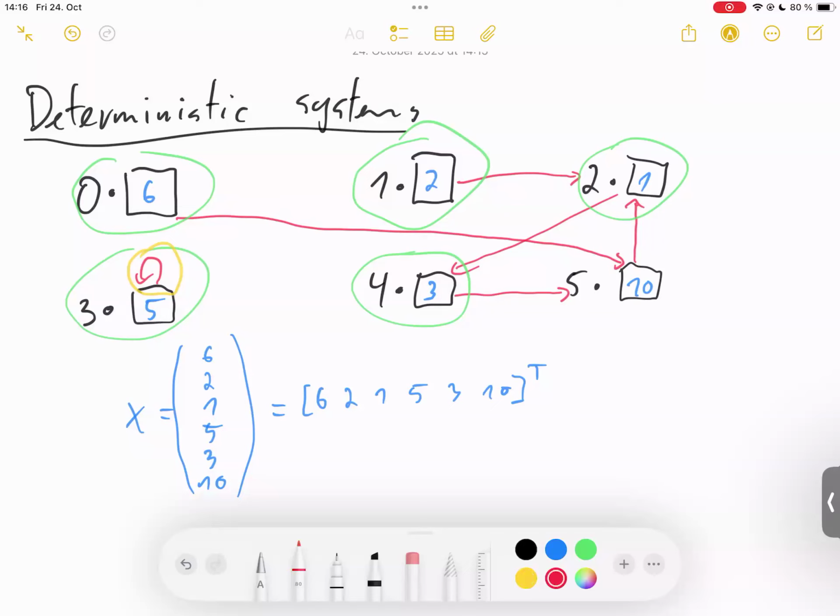So this red one here, we call this a loop. We also just got it in the chat. So this would be called a loop. So we have an outgoing one in position 3, which is also ingoing there. So in terms of the dynamics, the marbles would just stay there.